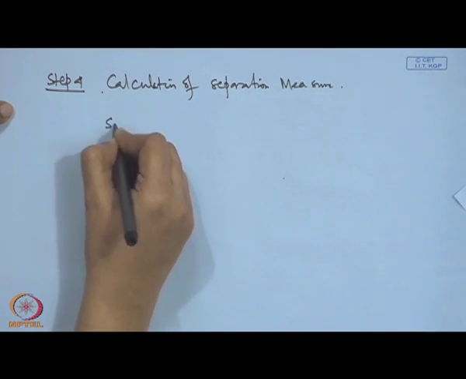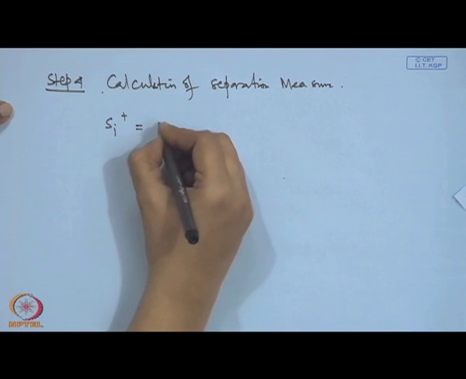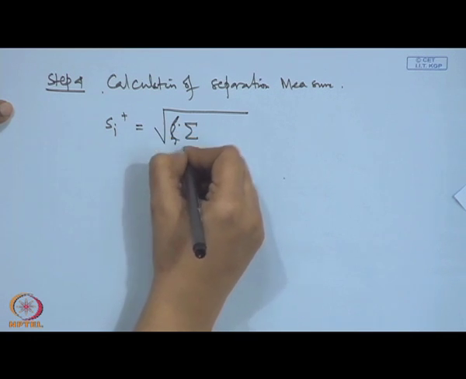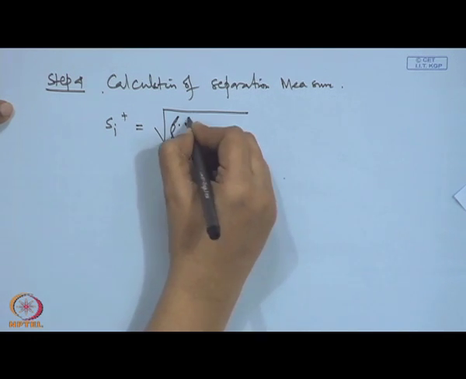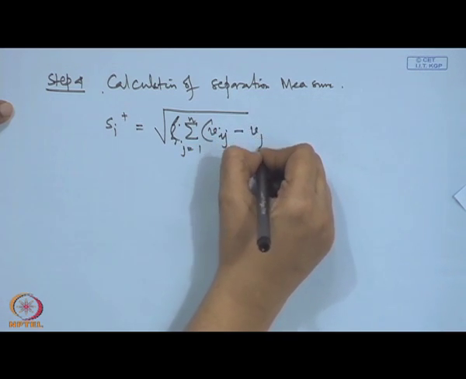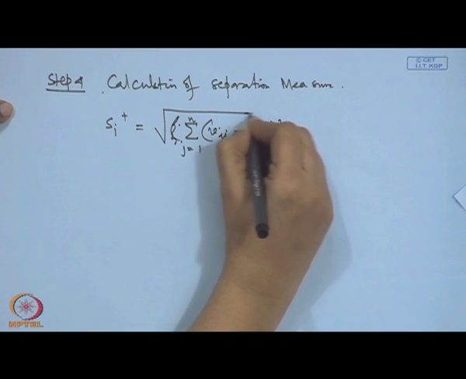How is the separation measure done? It is the sum over j equal to 1 to n of Vij minus Vj plus, squared.